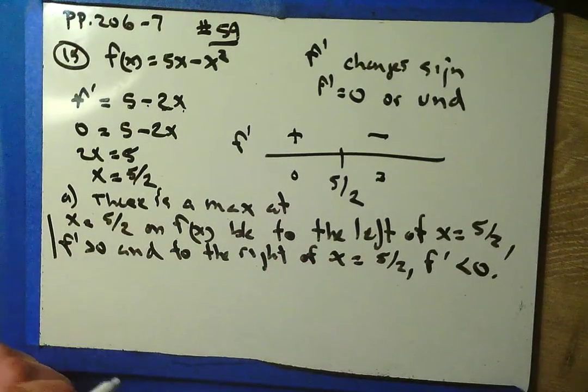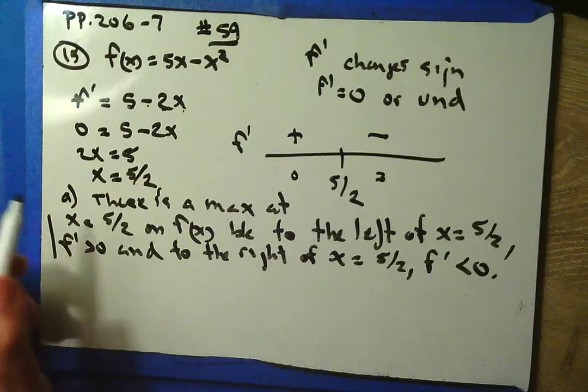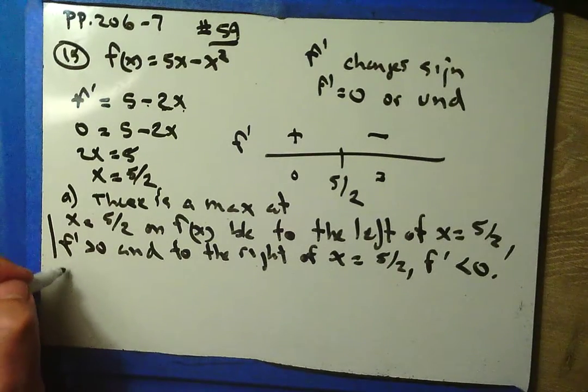Remember, we're going to need to write our justification sentence for every single max and every single min for the rest of the year, because you'll be justifying this on the AP exam.